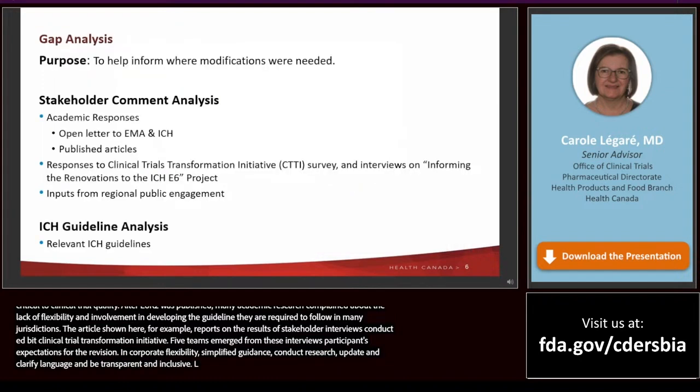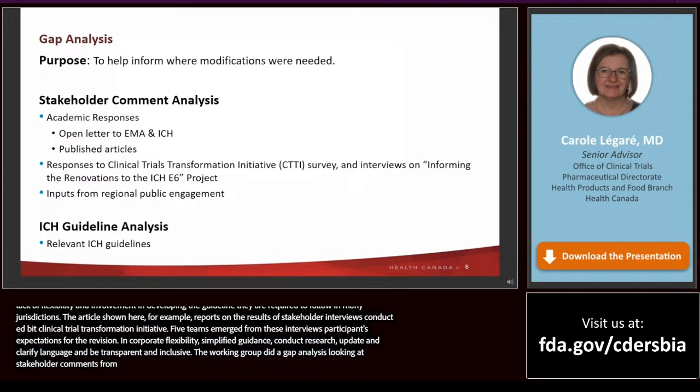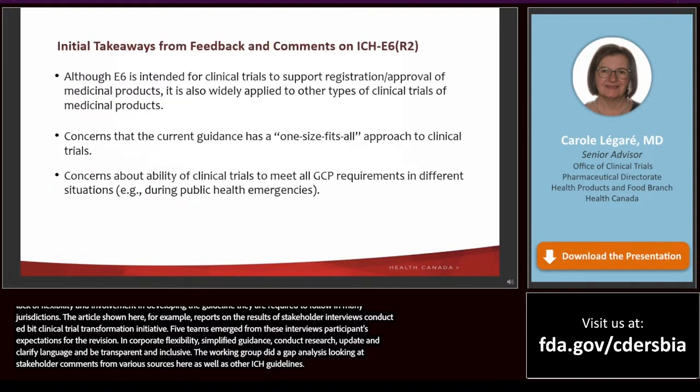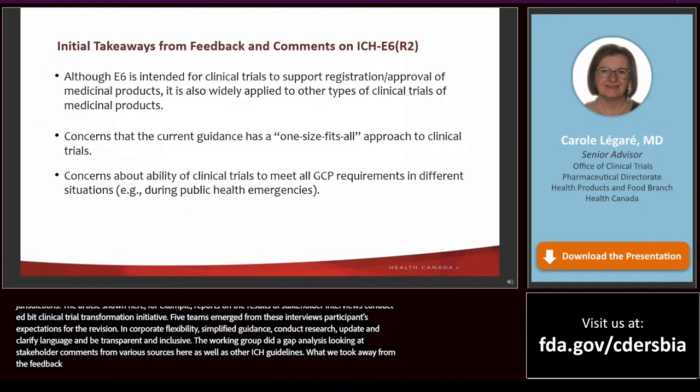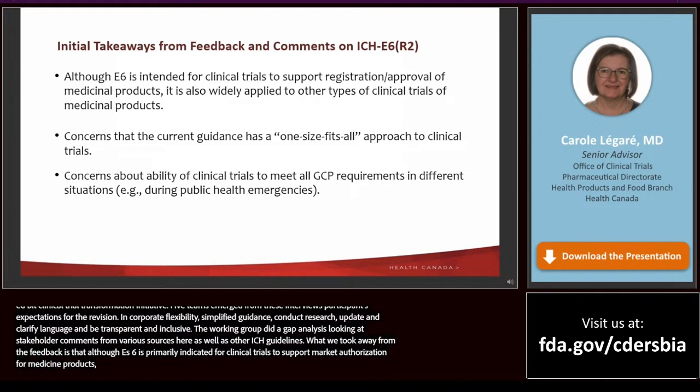The E6R3 working group started by doing a gap analysis, looking at stakeholders' comments from various sources listed here, as well as other ICH guidelines. What we took away from the feedback was that although E6 is primarily intended for clinical trials to support market authorizations of medicinal products, it's also widely applied to other types of clinical trials of medicines.